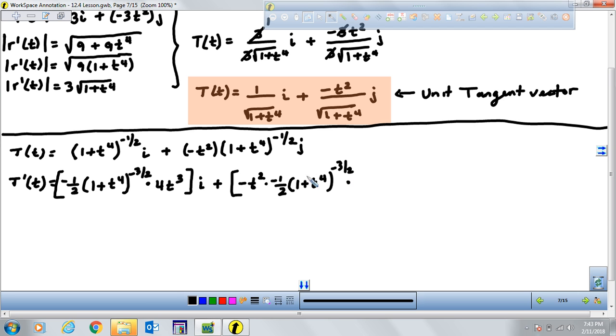And then times the derivative of the inside, which is 4t to the 3rd power. And then plus the second times the derivative of the first. The second would be 1 plus t to the 4th raised to the negative 1/2 times the derivative of the first, which is negative t squared. That would be negative 2t. And this is going to be the j component.